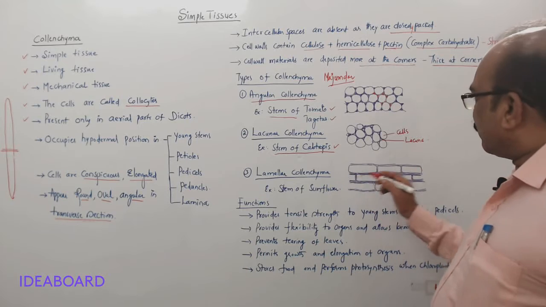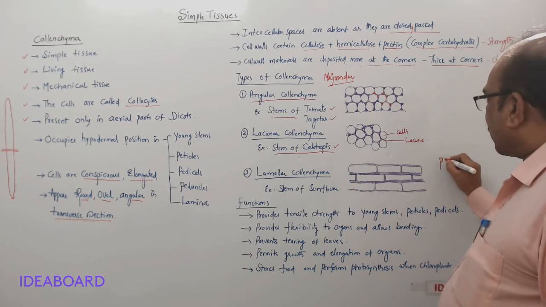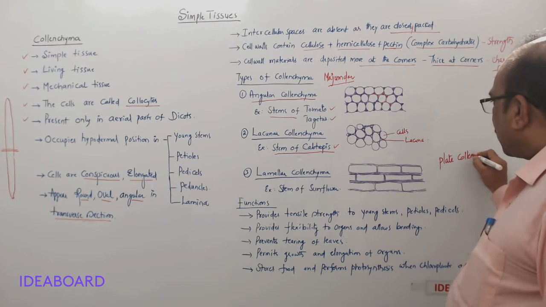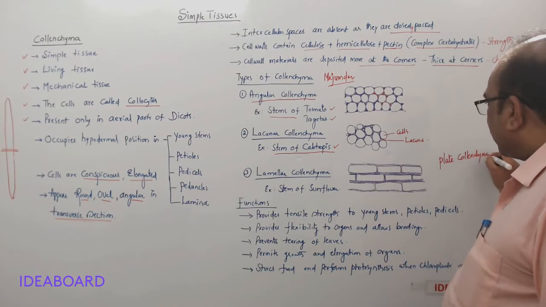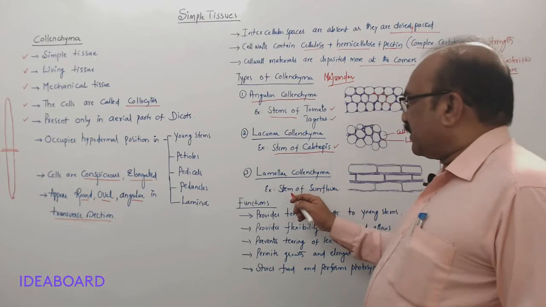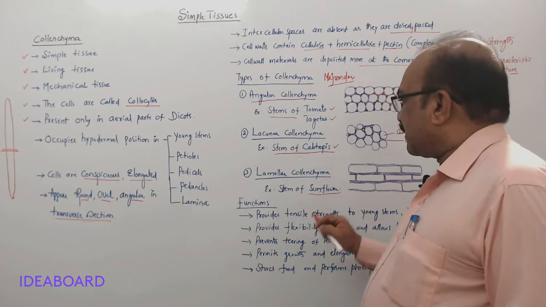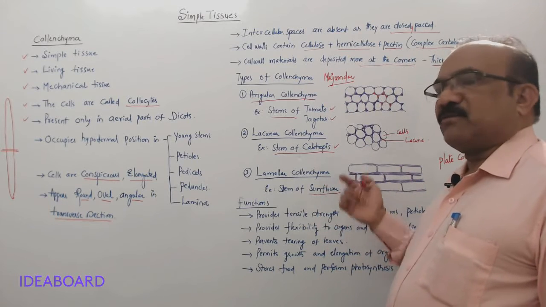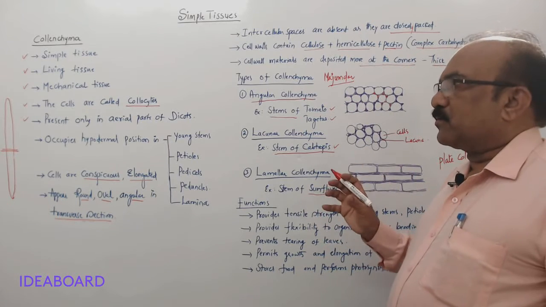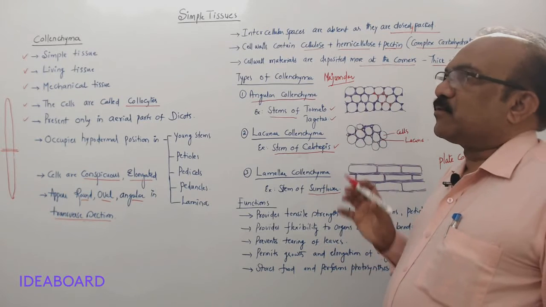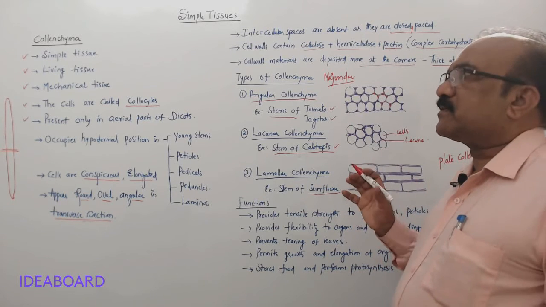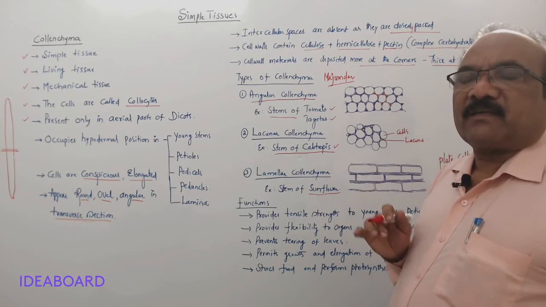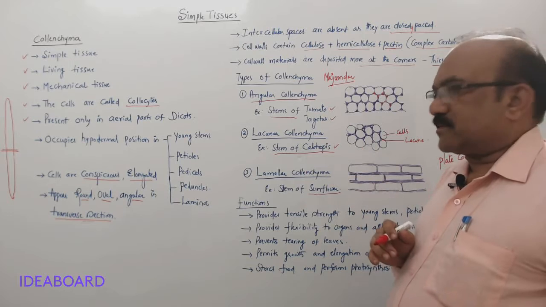So that's why one more name is there for lamellar collenchyma: it is also called plate collenchyma. And this you will find in the stem of the sunflower plant. All these examples are dicots only. So don't forget that this collenchyma is exclusively present in dicots, and that too in the aerial parts of dicots.